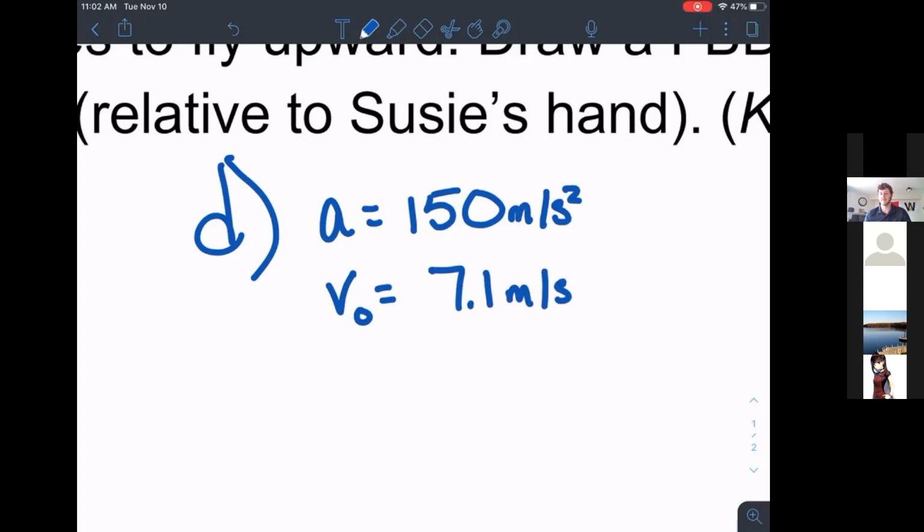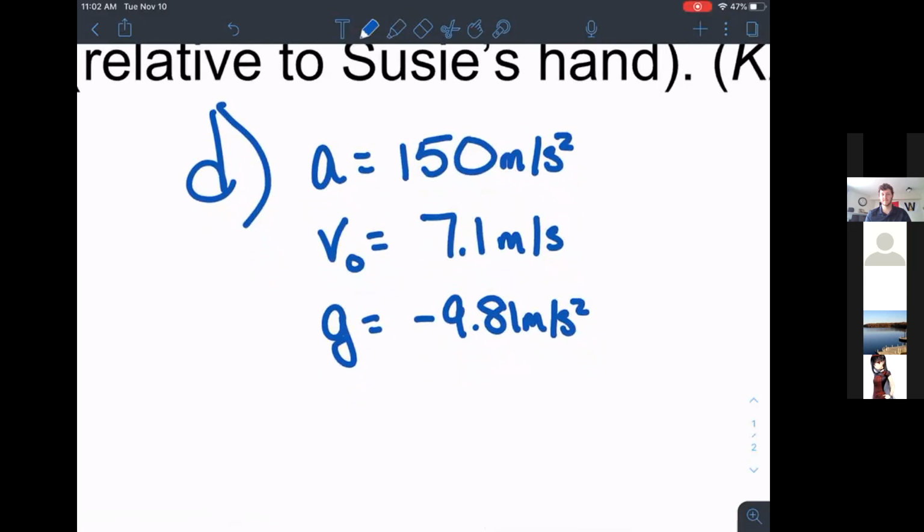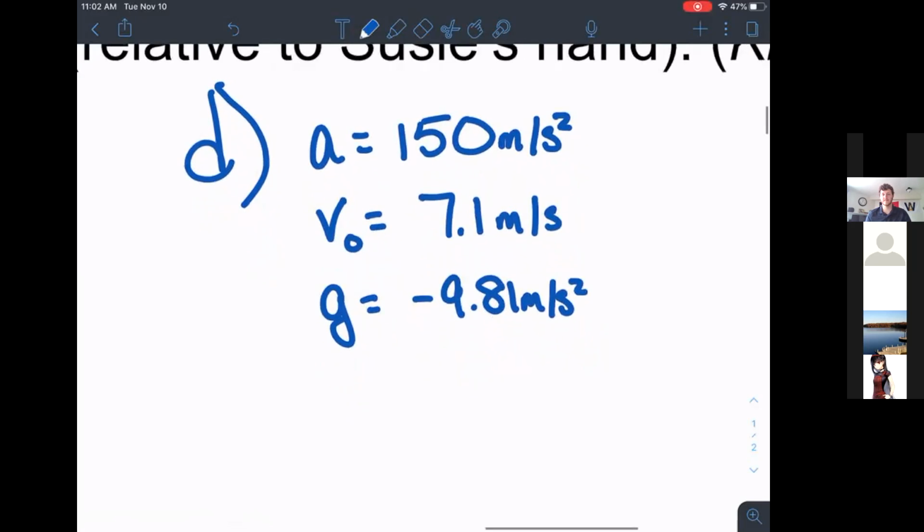Anything else we know? Gravity is negative 9.81. Anything else we know? Initial height? Wait, maybe?